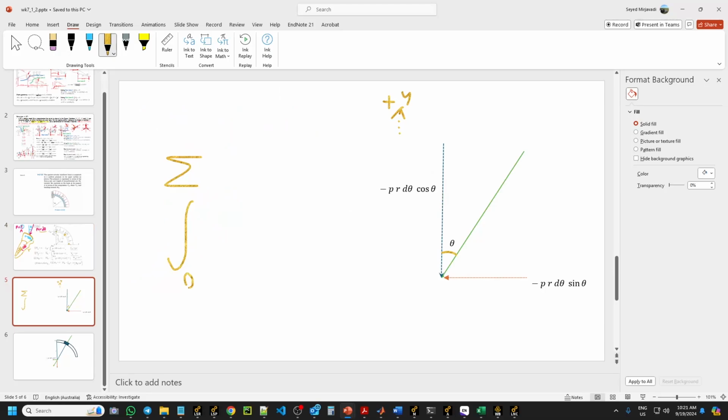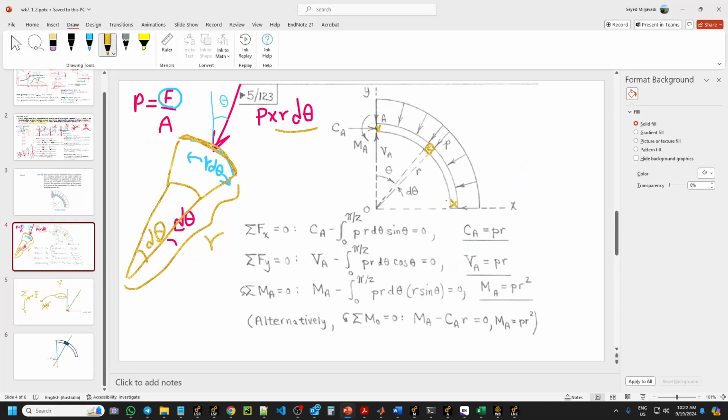So I will write from 0 to 90 degrees, but instead of 90 degrees, you need to put pi divided by 2 because we are working with radians. And then you copy the y component here. You don't need to put d theta; it will automatically be in the y component.